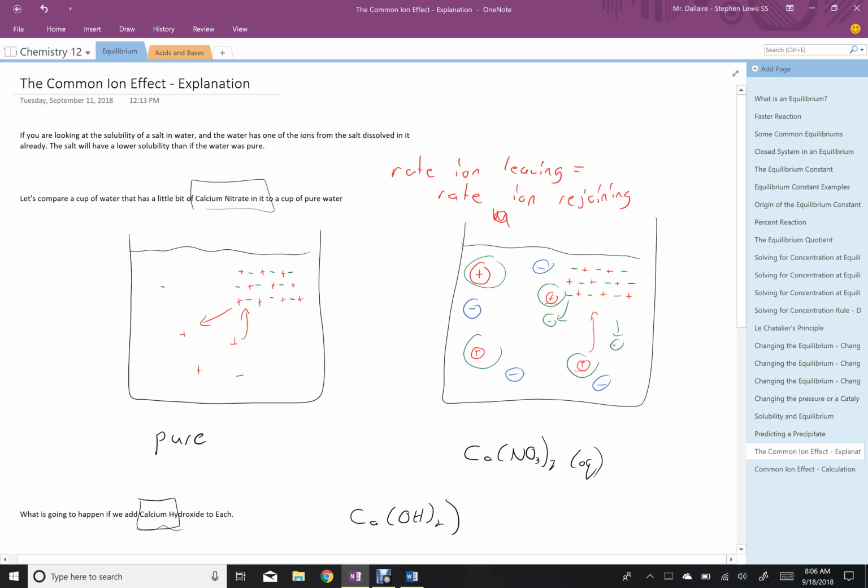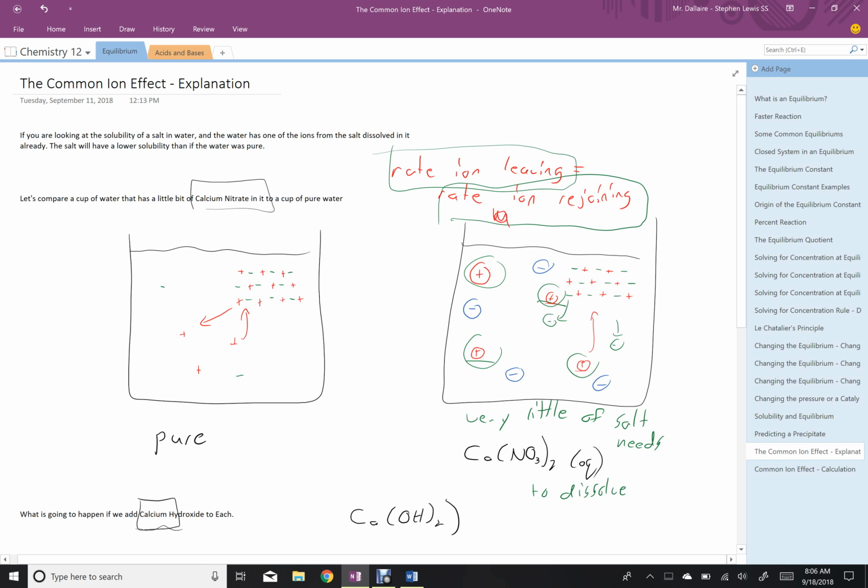What that means is these pre-existing pluses will make it so that very little of the salt needs to dissolve before the combined concentration of the pluses and minuses is enough to rebuild the crystal as fast as the crystal is being destroyed and reach equilibrium.